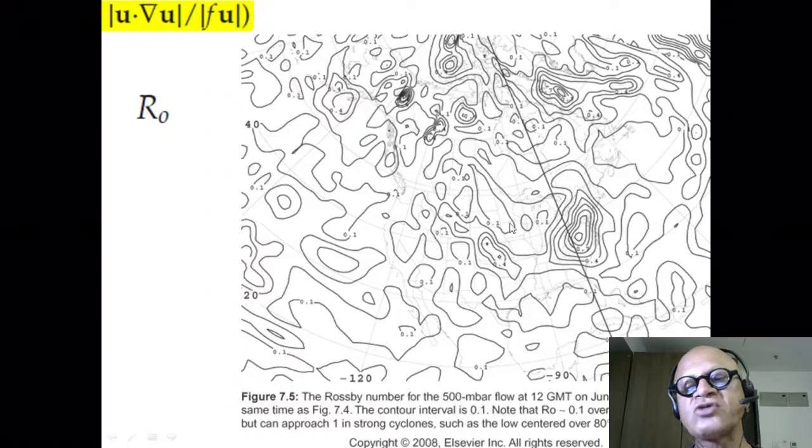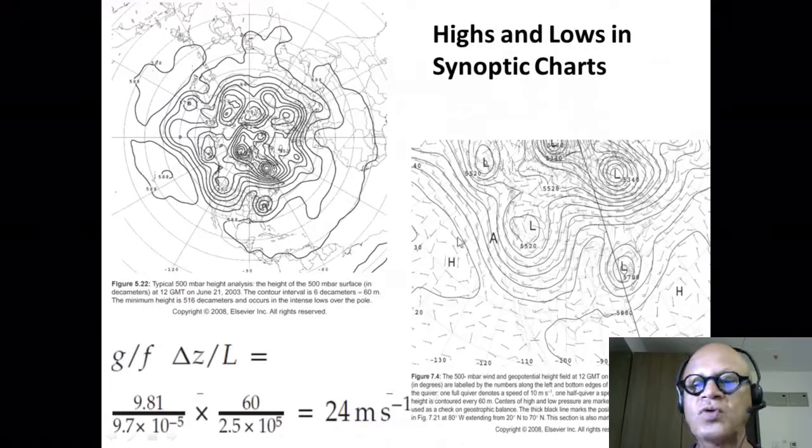Obviously we go back to our Rossby number, and you can see that over large parts there is smooth flow over these contours. This is for a particular day, so you see a lot more eddy-like features, a lot more small scale low and high pressure centers, whereas when you look at the monthly mean, this is for June, it's the same section here, June 21, 2003.